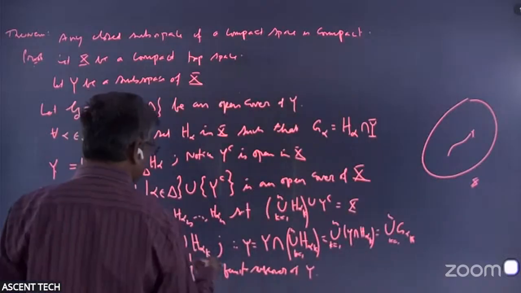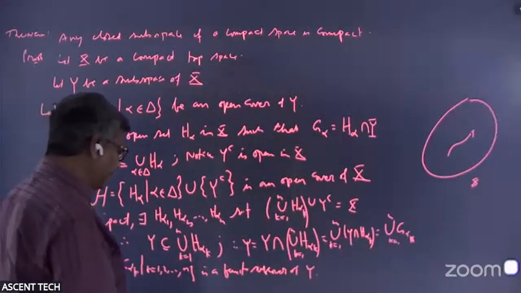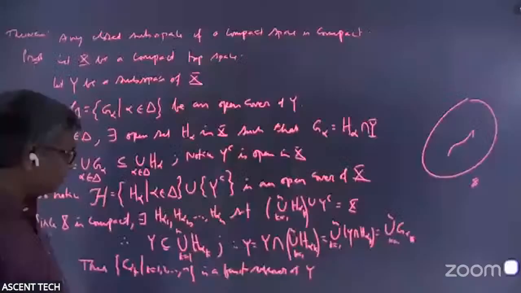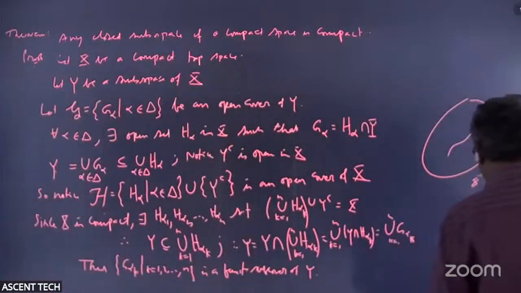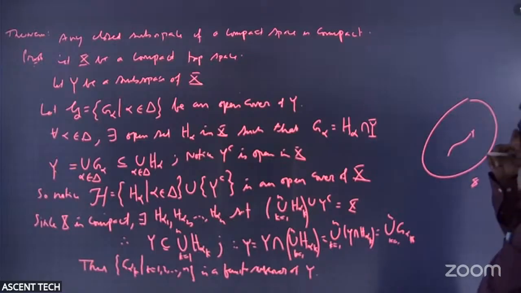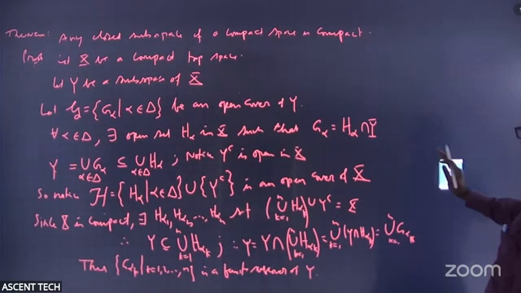So I have to have some H alphas which cover Y. Some H alpha has to be there to cover it, and all those H alphas are good enough for me to cover Y. So this is nice actually, you know. This will allow me to create lots of examples.